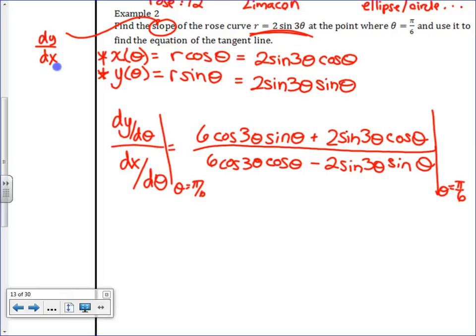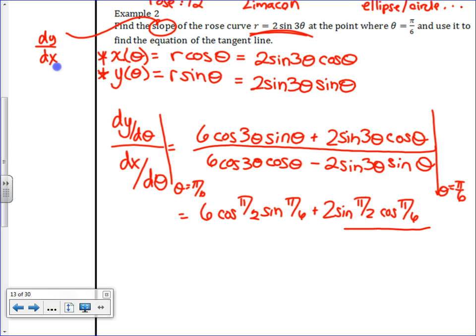So then my plug and chug, I end up with 6 cosine of pi over 2 sine of pi over 6 plus 2 sine of pi over 2 cosine of pi over 6, all over the denominator with a minus.